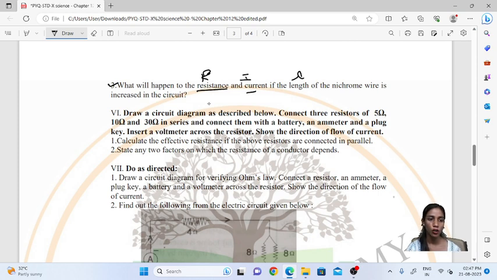We have studied that the resistance is directly proportional to the length of the conductor. If the length is increasing, the resistance will increase. Here, they have increased the length of the wire, so obviously the resistance will increase.